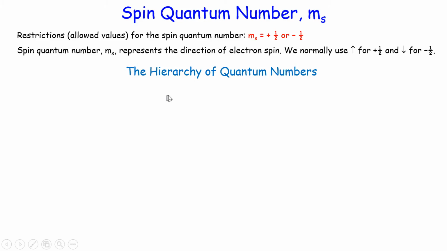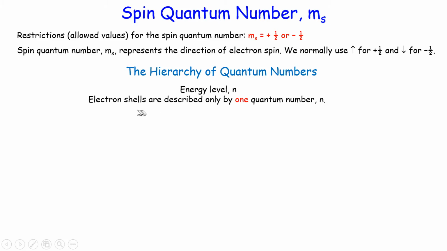Now let's take a look at the hierarchy of quantum numbers. Electron shells, that's the principal quantum number, energy level or electron shells, are described by only one quantum number, that's just n.